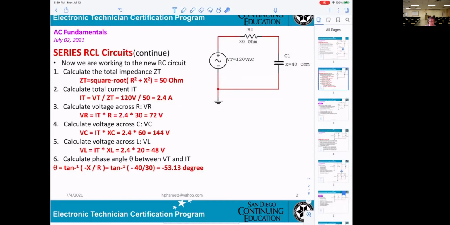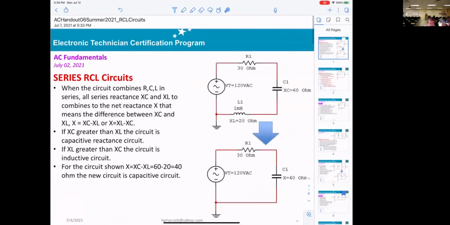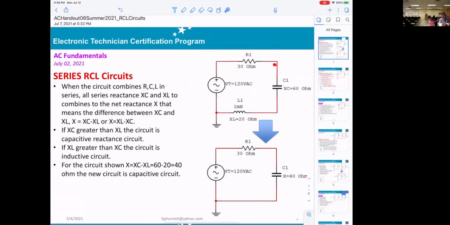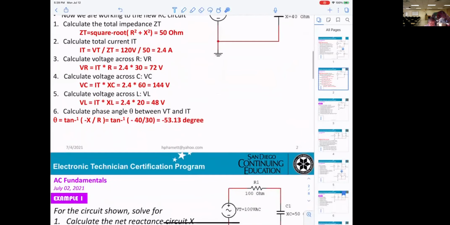Then, after you get the total current, and you want to calculate the voltage here, or voltage here, you can take IR times I, IC times I, or IL times I. So that's why we calculate the voltage across R, the voltage across C, and the voltage across L.